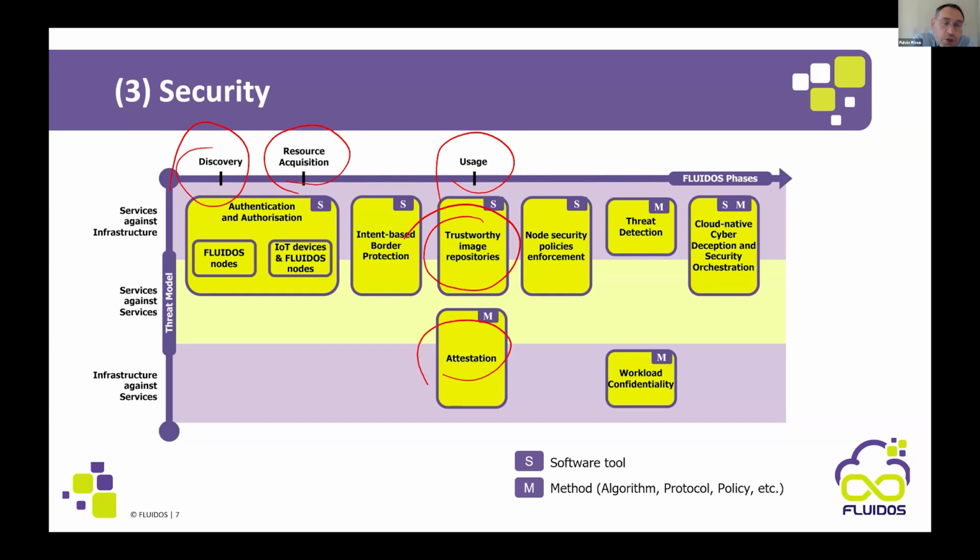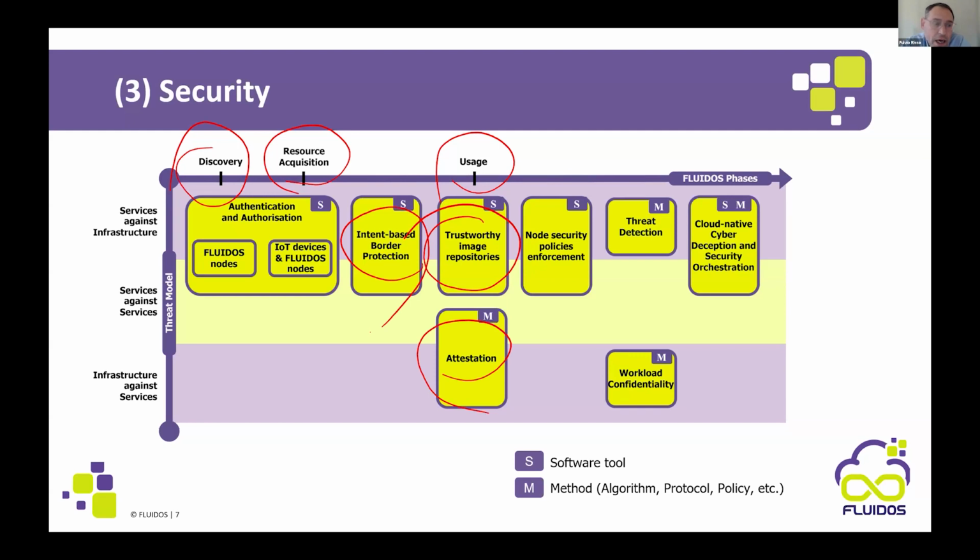You have to be sure that nobody is inspecting your workload when it is running on a different domain, so not machines that are on your properties. You have to be sure that you have the proper borders so nobody can attack you, because you have this kind of virtual cluster, and on the cluster you have to enforce the proper protections. You know, many things that are related to security.